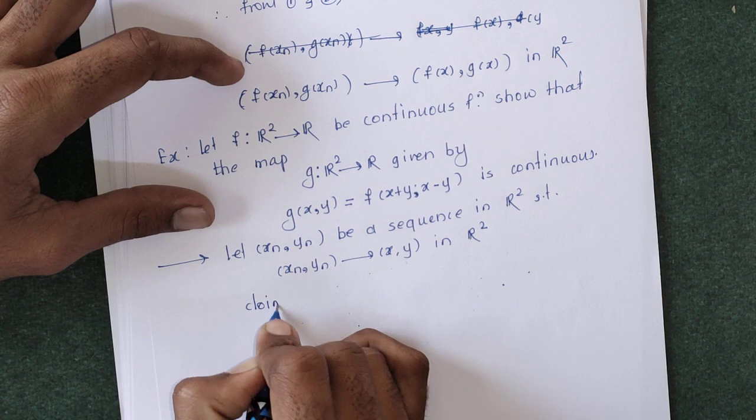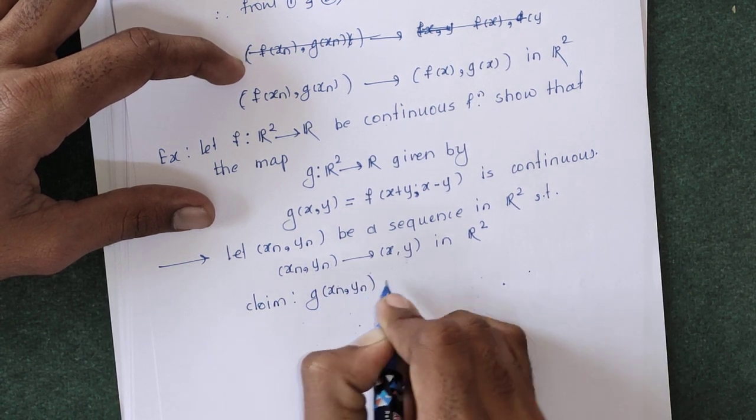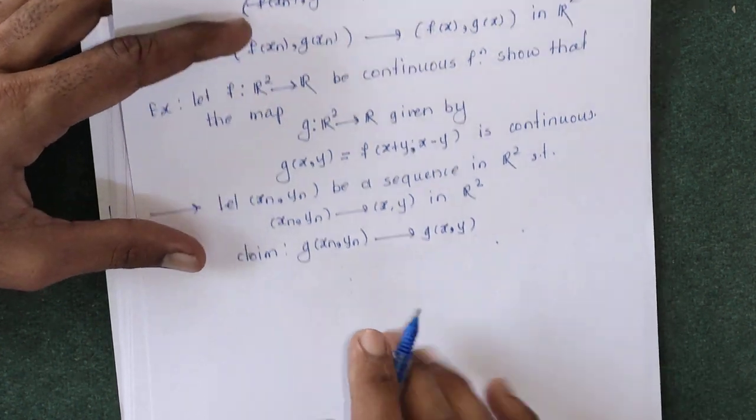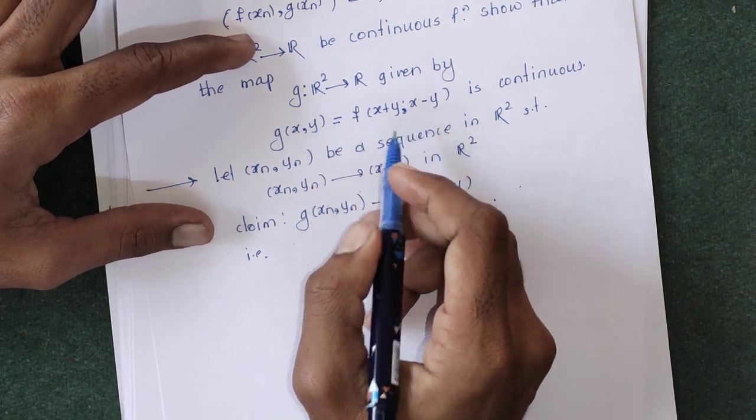That is, g of (x, y) is defined as f of (x plus y, x minus y).